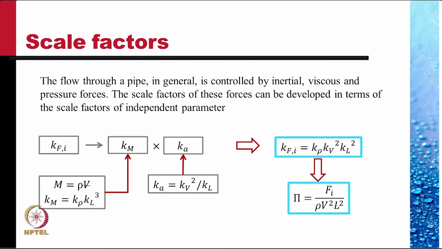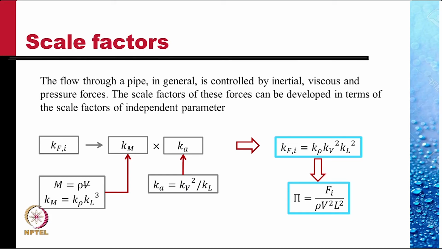We have K_Fi for the inertial force, which should be K_m times K_a, where m is the mass and a is acceleration. Mass is like rho times volume. So K mass is K rho times K_L cubed, and K_a, as we have done a number of times earlier, is K_V squared by K_L.